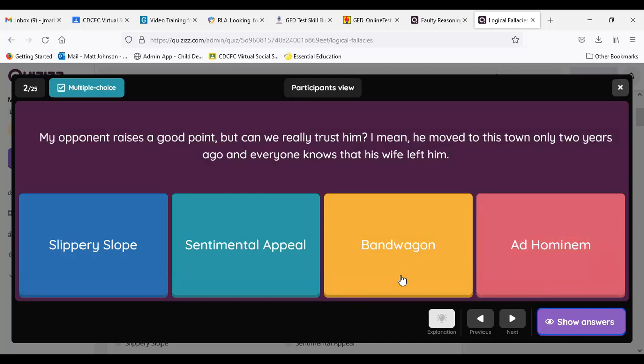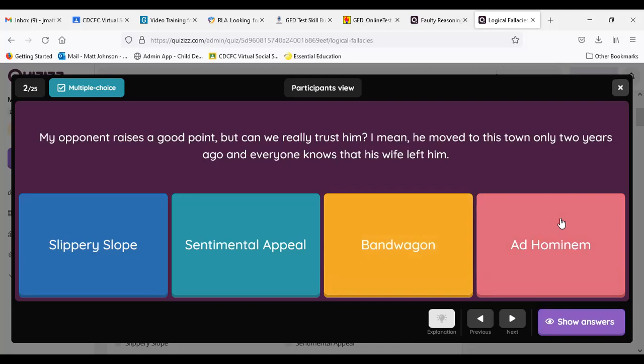So it said, my opponent raises a good point, but can we really trust him? I mean, he moved to this town only 2 years ago, and everyone knows that his wife left him. So that was an ad hominem attack, right? They assert that this person makes good points, but their argument about whether you can trust him is that he only recently moved to the town and his wife left him.